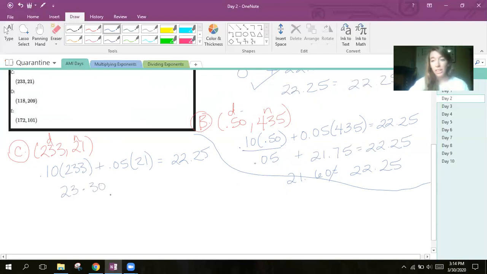So we have 0.10 times 233, and that gives us 23.30, which I can already tell, if I add anything else to it, it's going to go over my value. So I don't even have to finish this problem. I can already see that that one is not a solution.